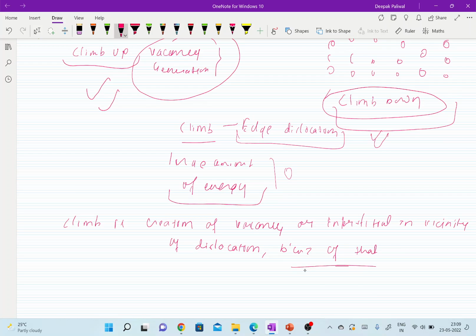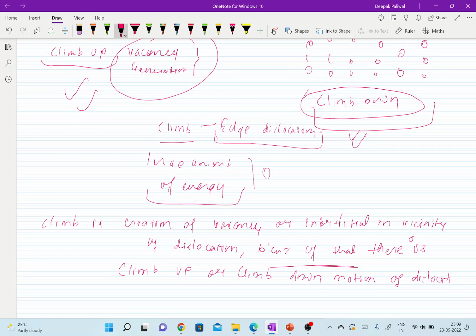Because of that, there is climb up or climb down motion of the dislocation happening.